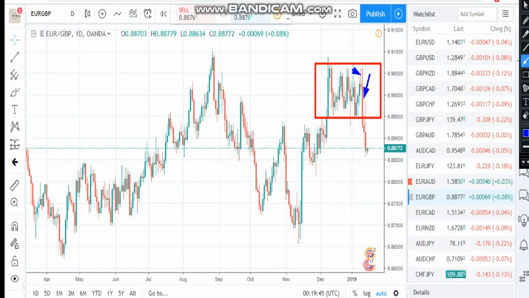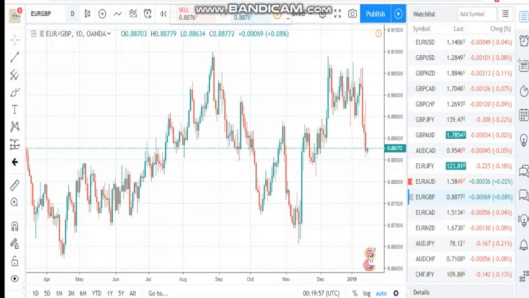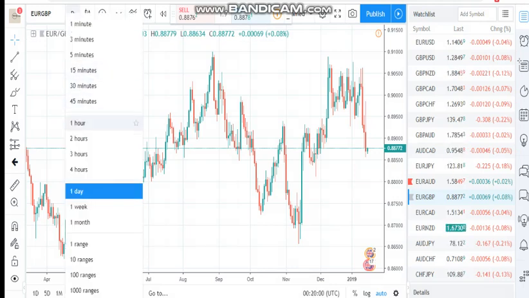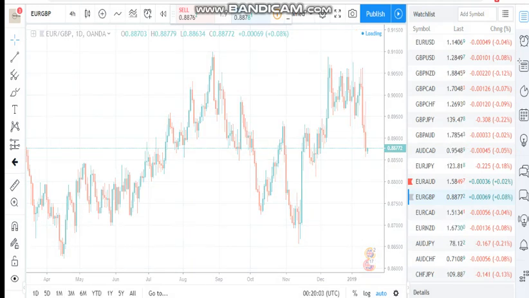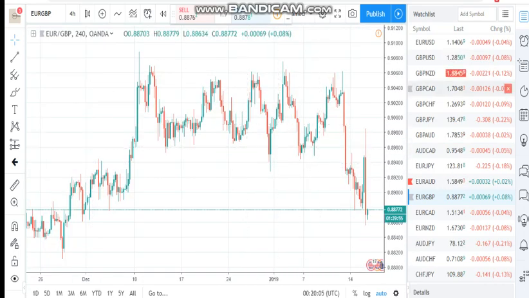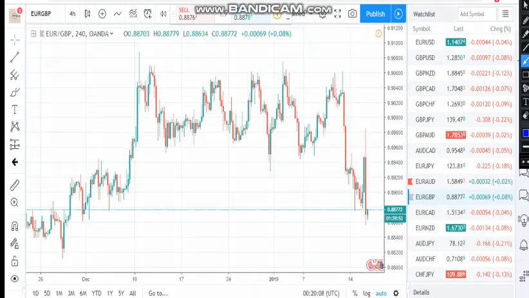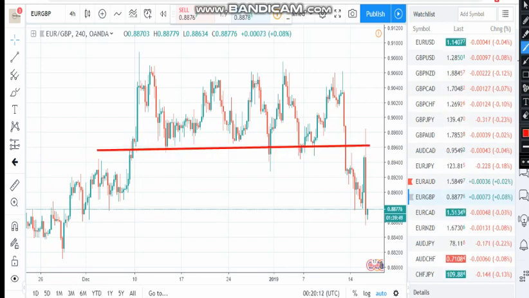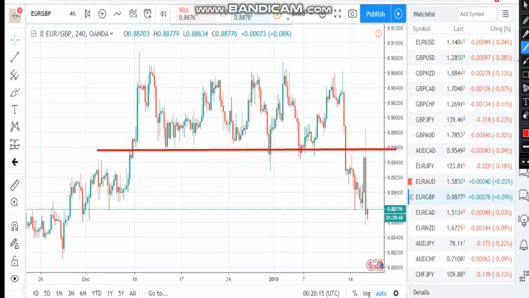I then opened a sell trade at around 0.89. After opening that trade, I went to the 4-hour chart to set my stop loss. I set my stop loss just below that support, that resistance area, and a little bit above that pin bar.